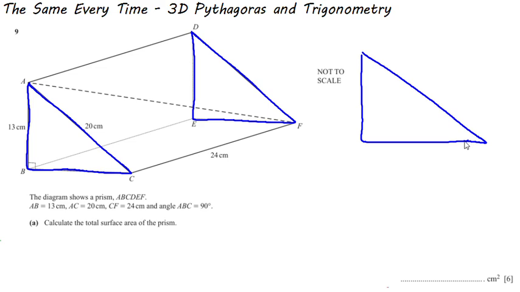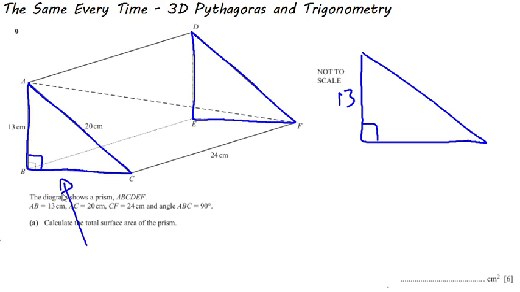Area of a triangle is base times height divided by 2. There's my right angle, so the height would be 13 centimeters. The base distance, however, is not given to us, so this is the first point where we have to do a calculation. The length from B to C we can find because we're working with a right angle triangle.